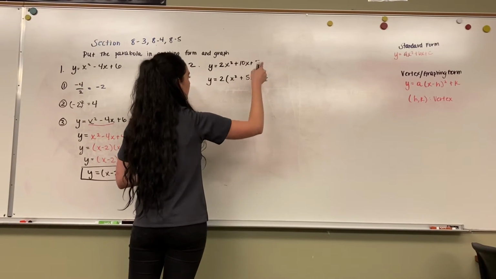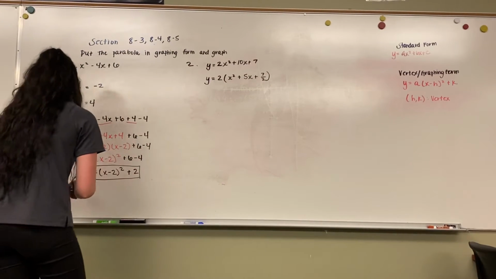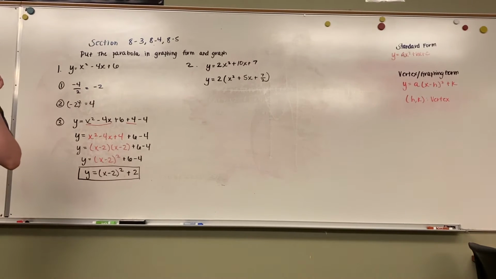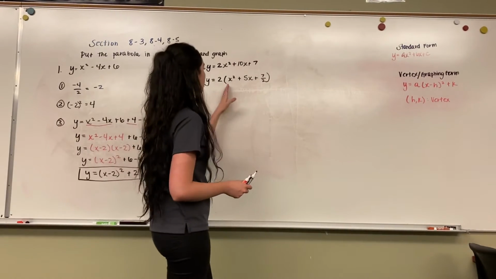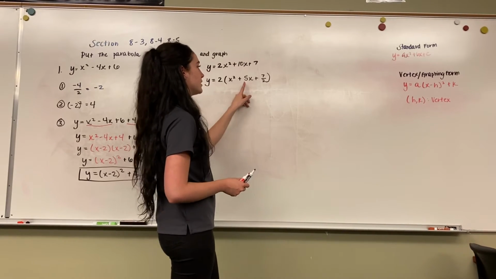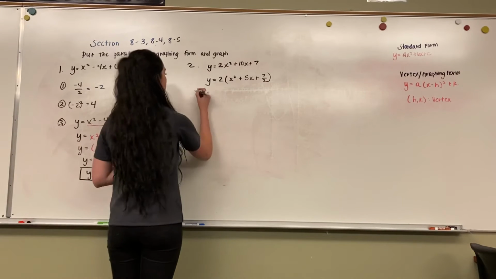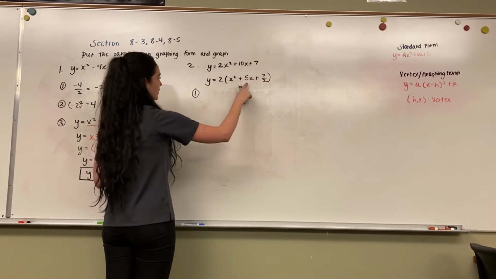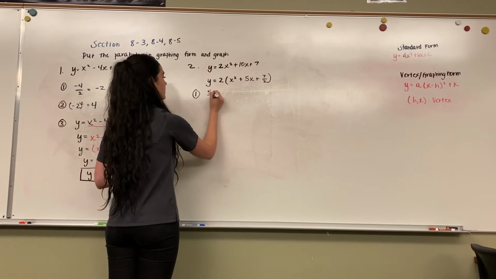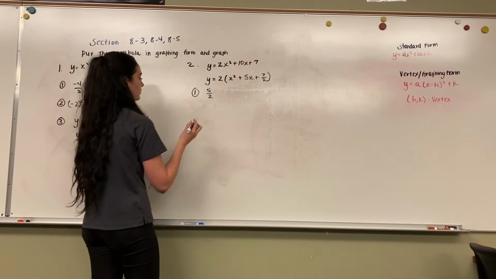We can't divide 7 by 2, so I'm just going to write it as a fraction. Okay, so we factored out the leading coefficient.